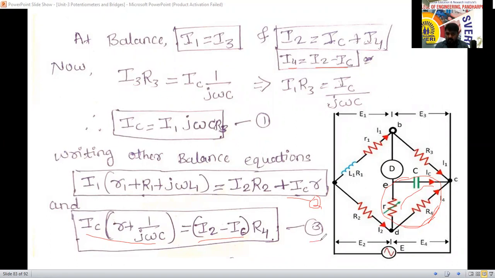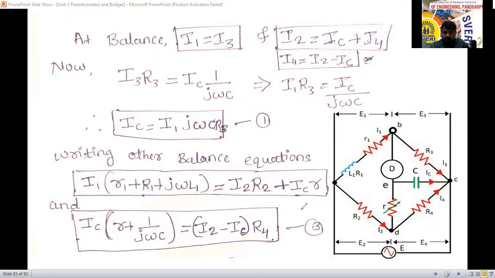This derivation is very lengthy. If you know equations number 1, 2 and 3, then by substituting these we have to calculate the unknown resistance and unknown inductance. Up to equation number 3, if you have any doubts, you can ask me now.